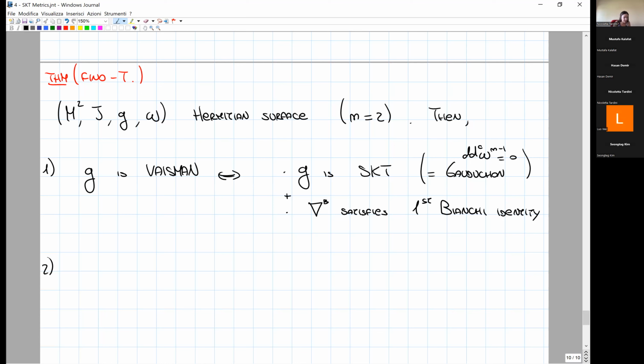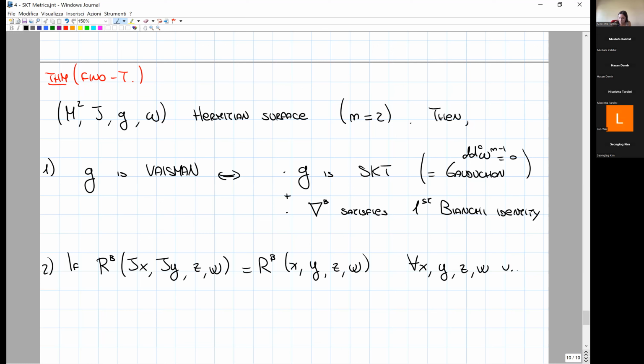Moreover, again for surfaces, what we proved is that if R^B(JX, JY, Z, W) is equal to R^B(X, Y, Z, W) for every X, Y, Z, W vector fields, so if we have this type condition, this J-invariance in the first two entries, then the metric G is locally conformally Kähler.